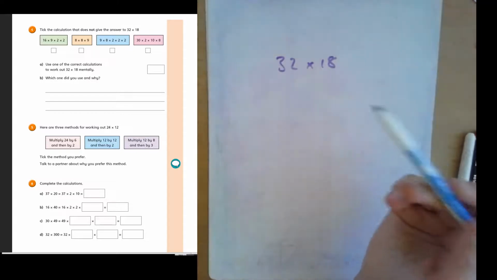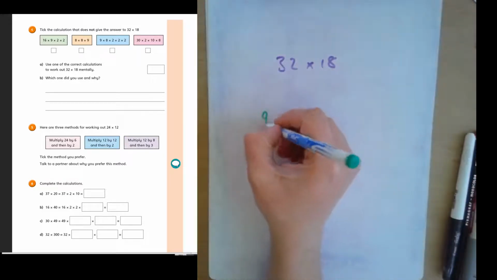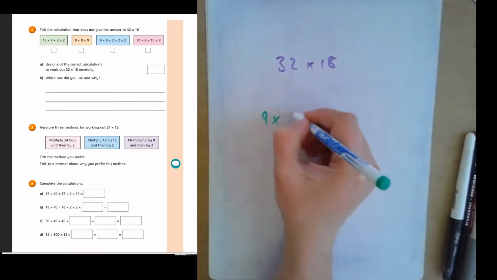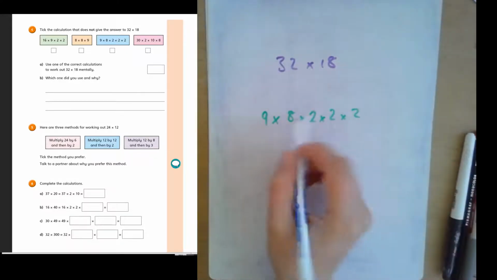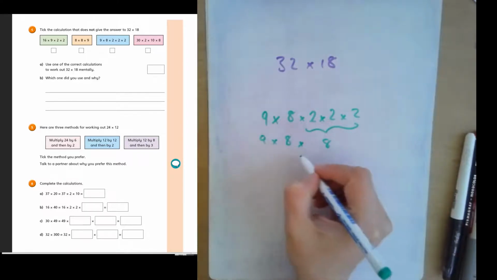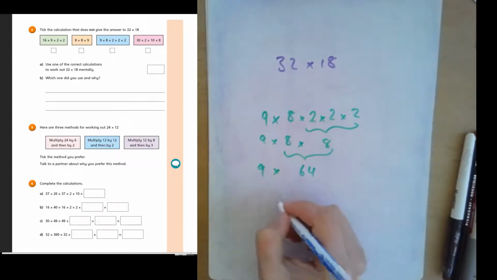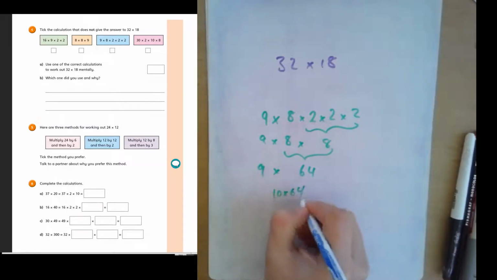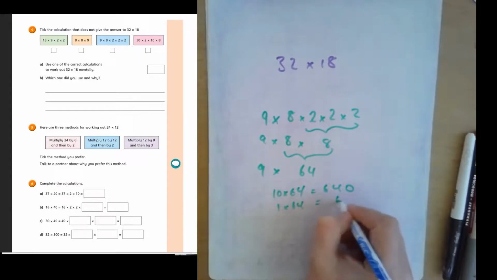Okay, and then it says use one of them to work it out. I don't know which one you want to use. You can use whichever one you want. I'm just going to go 9 times 8 times 2 times 2 times 2. I know this makes 8, so that's 8 times 8. I know this is 64, so that's 9 times 64. I know 10 times 64 equals 640. I know 1 times 64 is 64.